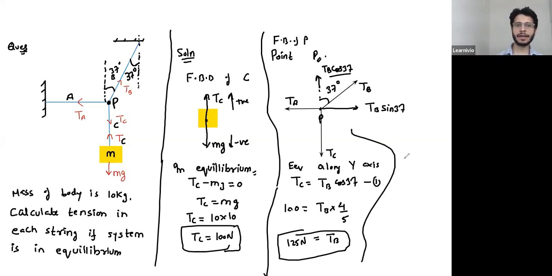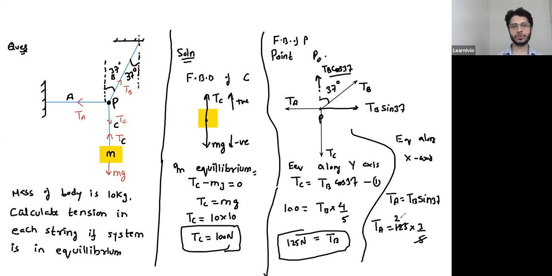Similarly, if I take equilibrium along the x-axis, your TA is TB sin 37. TB is 125, and sin 37 is 3 by 5. So 5 2s are 10, 5 5s are 25. So TA is 75.